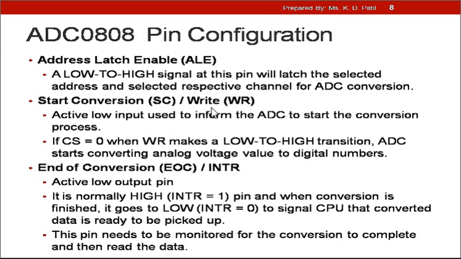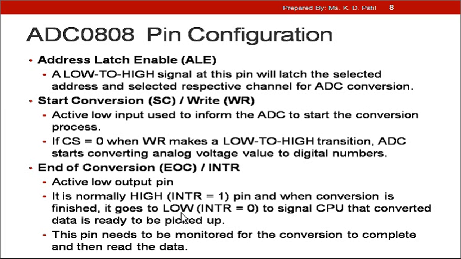Now conversion is going on, so we need to continuously monitor whether that conversion is over or pending. For that, an active low output pin named end of conversion, also referred to as the INTR pin in other devices, is used. This pin is normally high, and when the conversion is finished, it goes low.